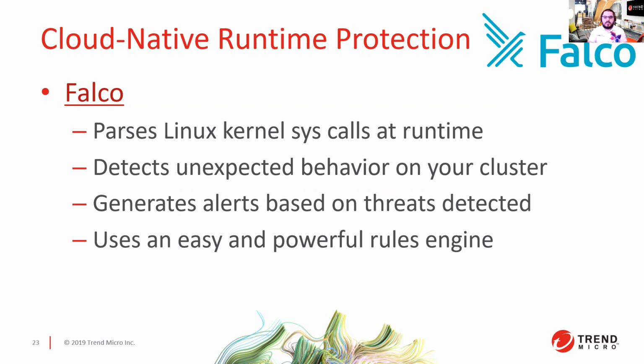Basically, it parses Linux kernel syscalls at runtime, and based on a rules engine, a YAML file that's easy to read and create, it detects unexpected behavior in a cluster and generates alerts based on these threats. You can integrate that with other tools as well. So I recommend that you check that out.